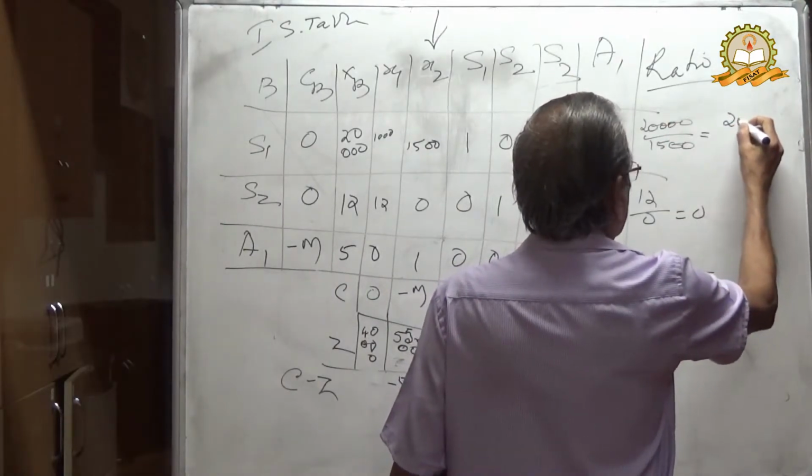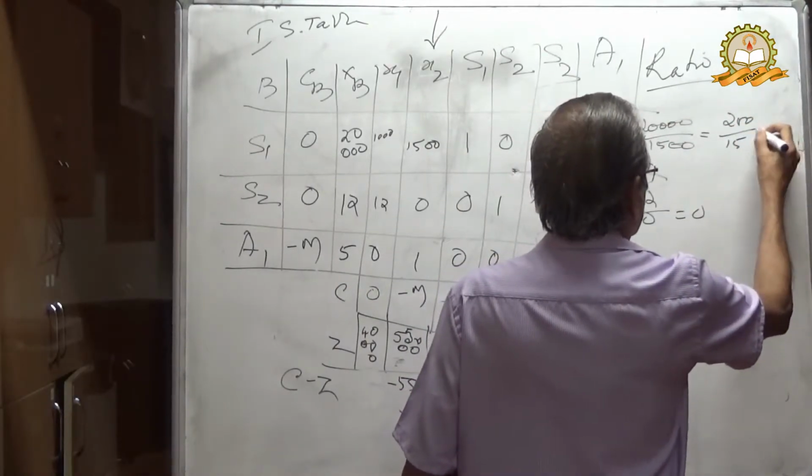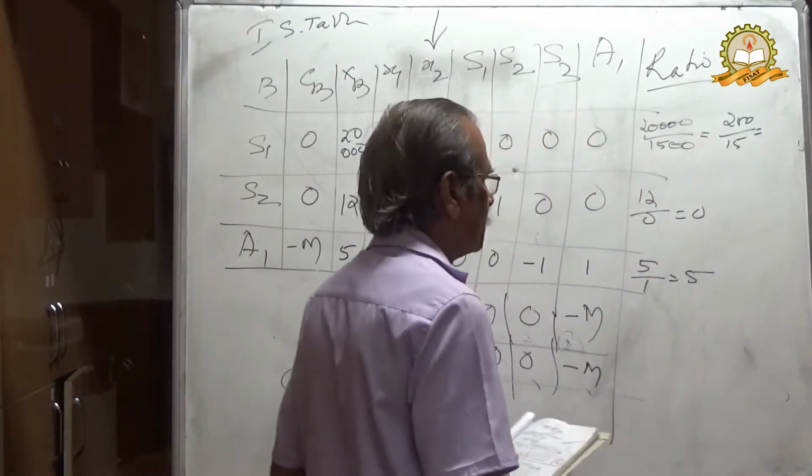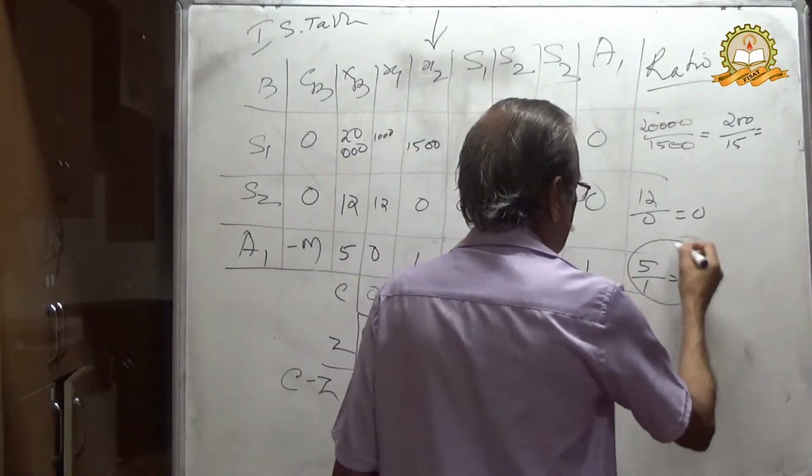You have 200 by 15, and this is your number 5.